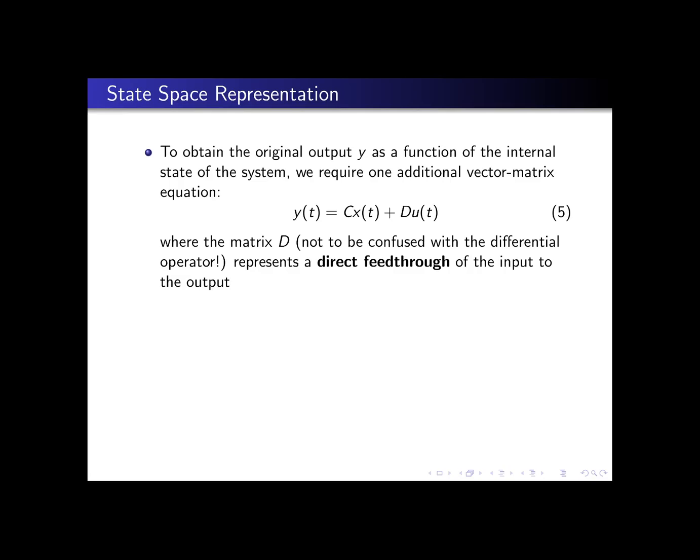So Cx plus Du(t), where the matrix D is a direct feed-through of the input function u to the output y. Remember, y was the original variable we started with and had all the derivatives of that we used to define the vector x. So you can see that it's not hard to define y likewise in terms of some matrix C.